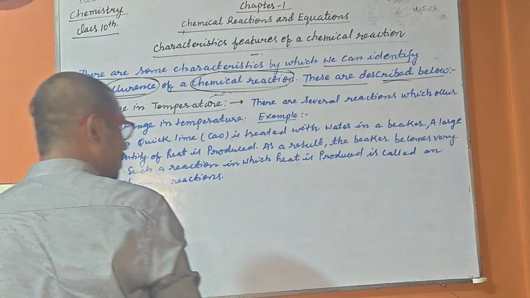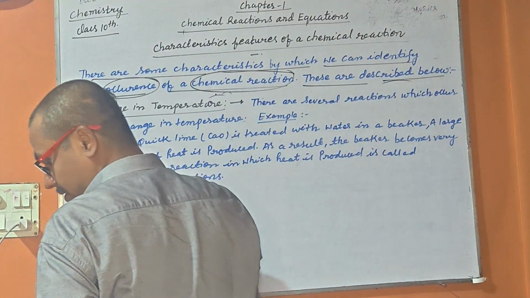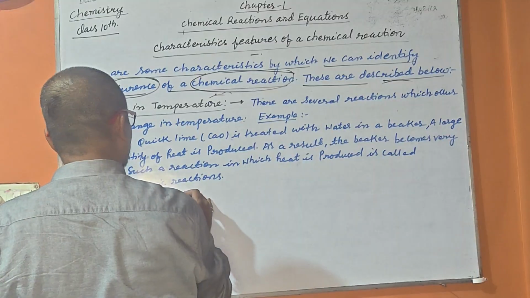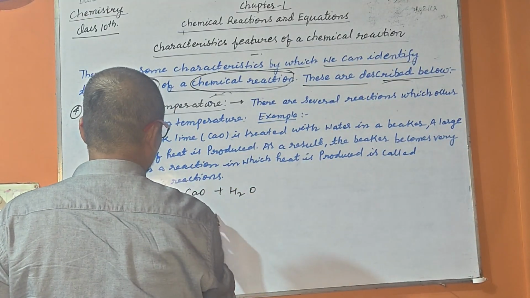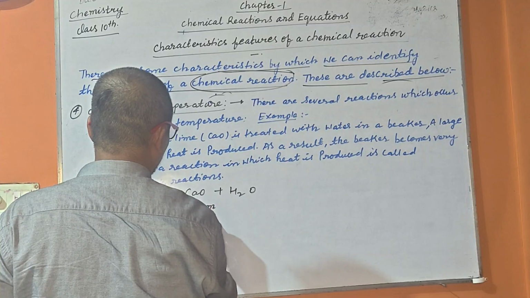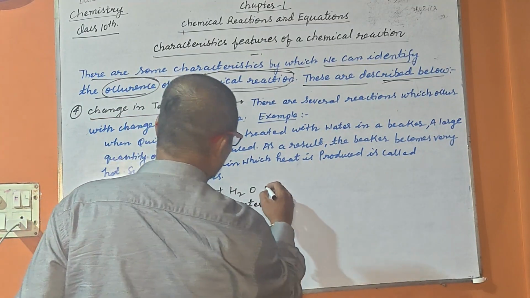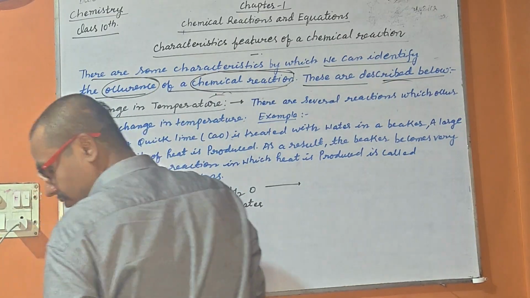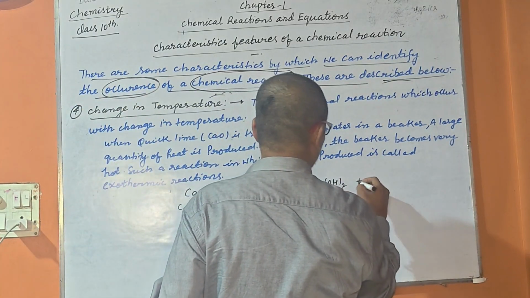That is, CaO, calcium oxide, plus water reacts to give calcium hydroxide plus heat.